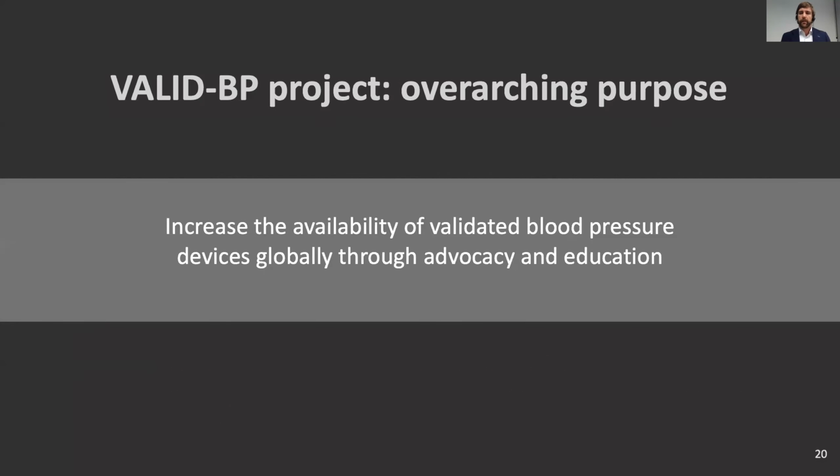So the ValidBP project, as I said, is chaired by Professor James Sharman. The overarching purpose really is to increase the availability of validated blood pressure devices globally through advocacy and education. So there's a wide range of programs being undertaken under this ValidBP project.